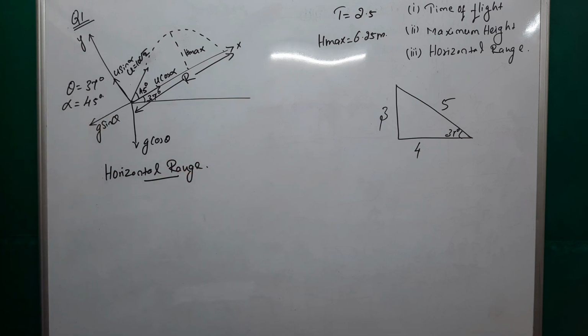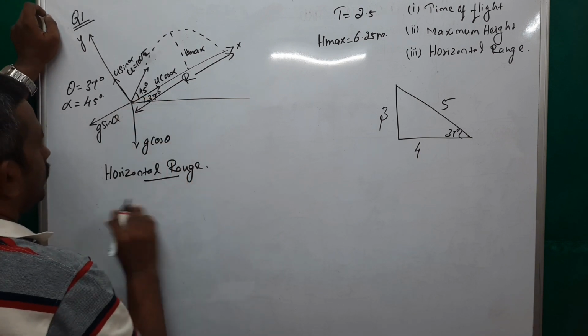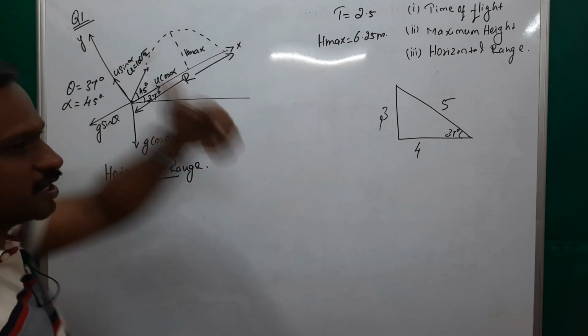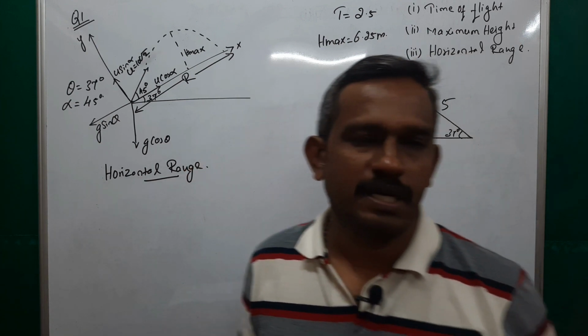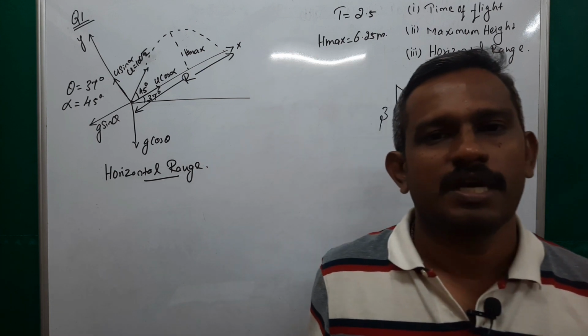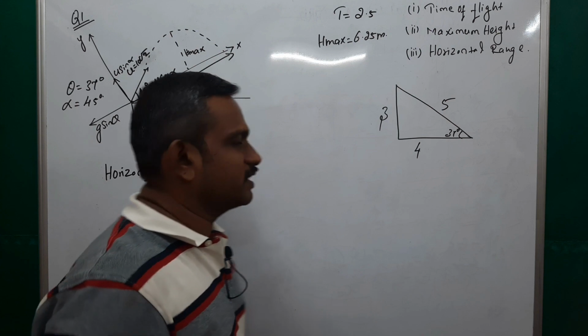Clear? So we are considering the horizontal motion of the object. Whenever projectile motion is considered, there are two types of motion, horizontal motion and vertical motion. The combined effect of horizontal motion and vertical motion is projectile motion.